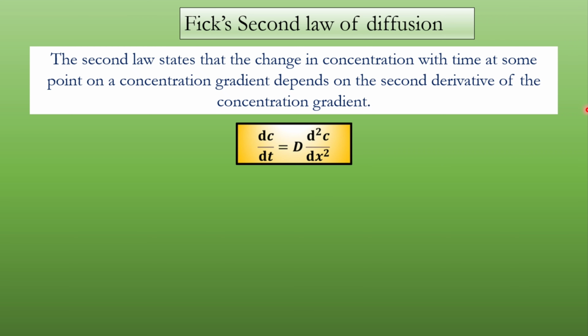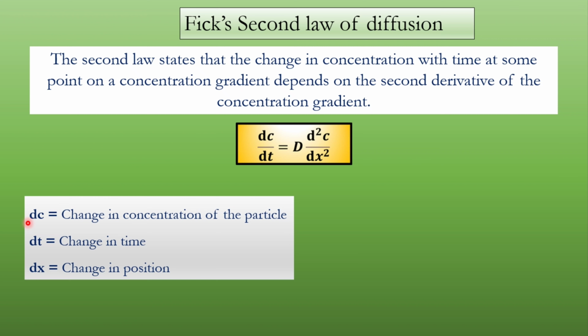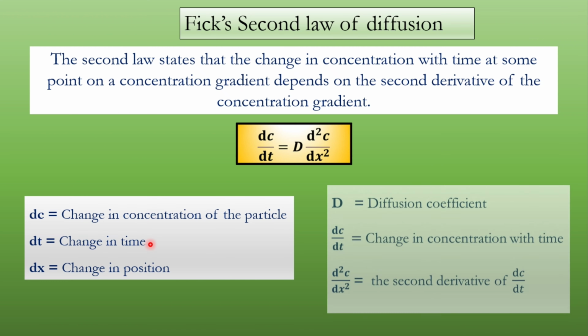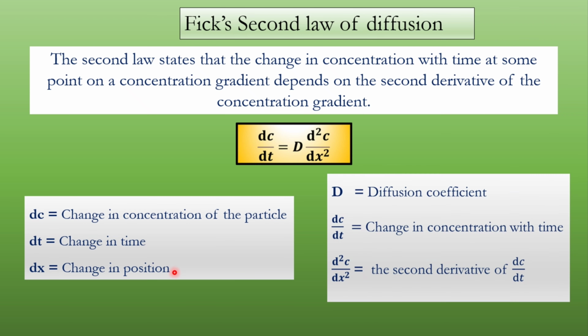The law goes like this: dC by dt is equal to D multiplied by d squared C by dx squared. dC is a change in the concentration of the particle. dt is a change in time. dx is a change in position. D is diffusion coefficient. dC by dt is a change in concentration with time. d squared C by dx squared is the second derivative of the concentration gradient.